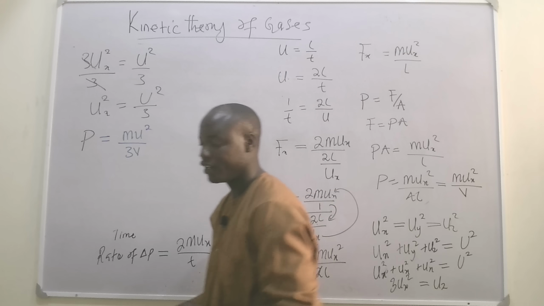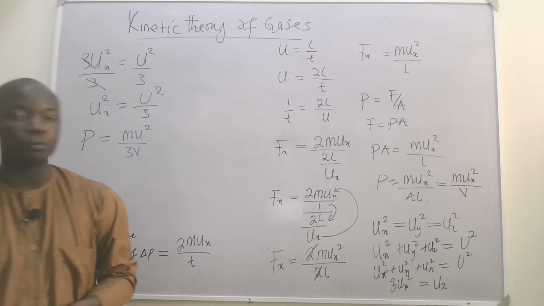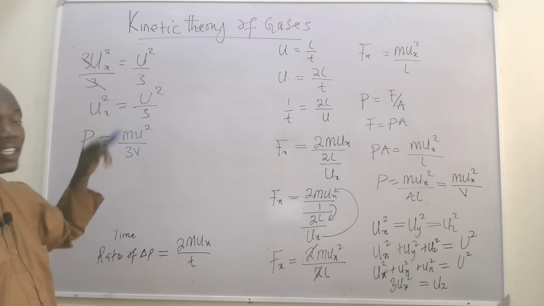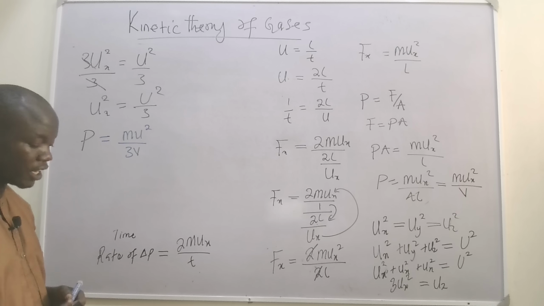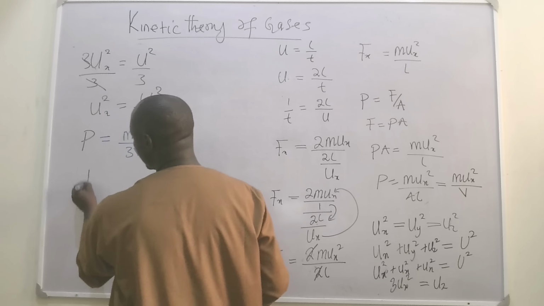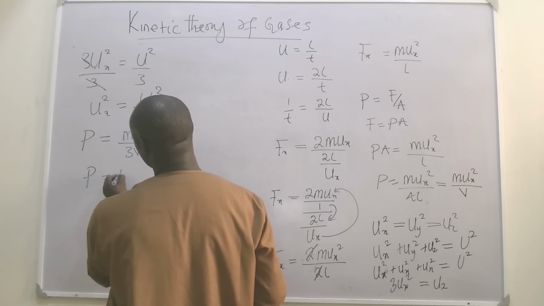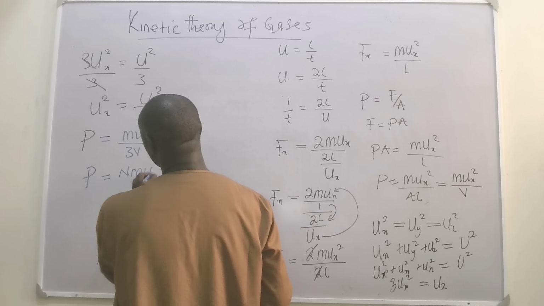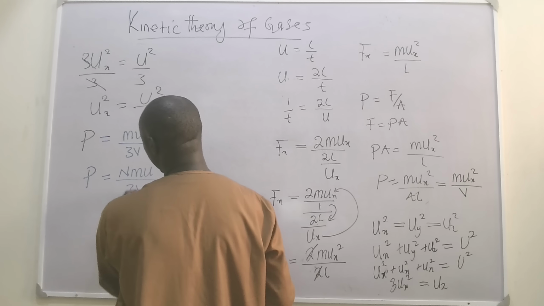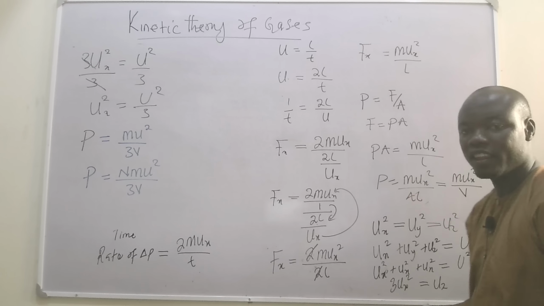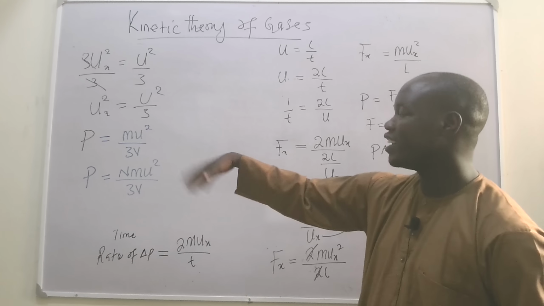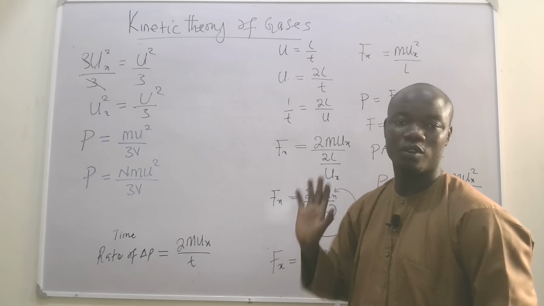So ladies and gentlemen, it depends on the number of molecules that are present inside the container. So that is why sometimes this can be expressed as P is equal to N m u squared divided by 3V. So from here, this is actually the derivation of the equation. You can obtain a lot of things from here.